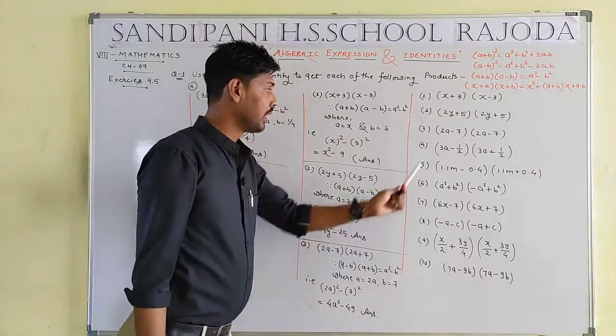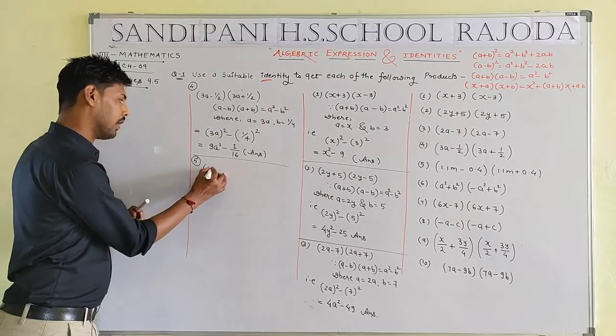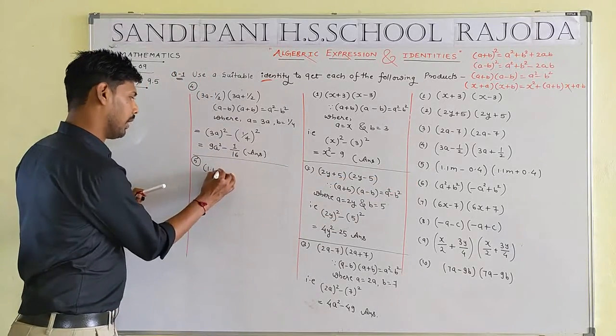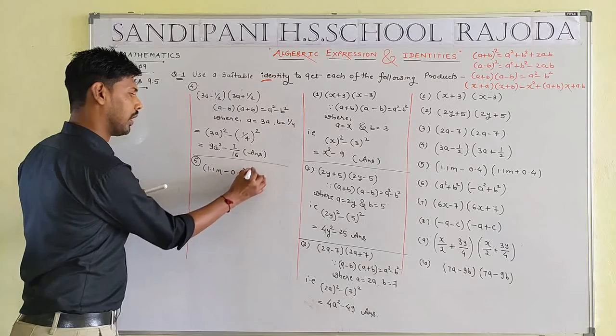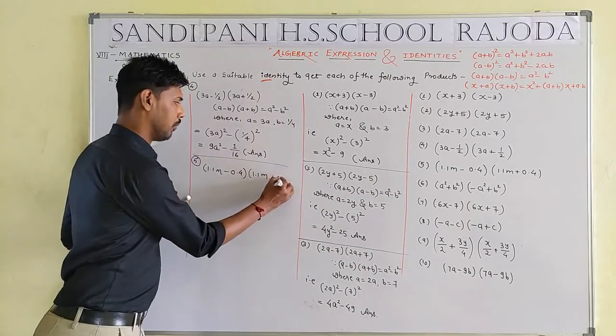Now we take question number 5th. Question number 5th, that means (1.1m minus 0.4) and (1.1m plus 0.4).